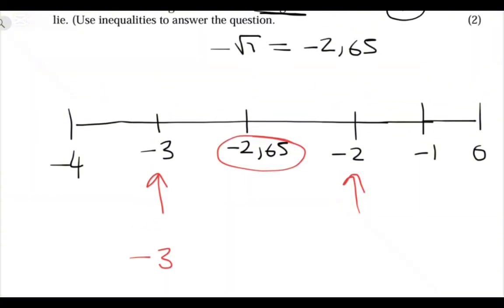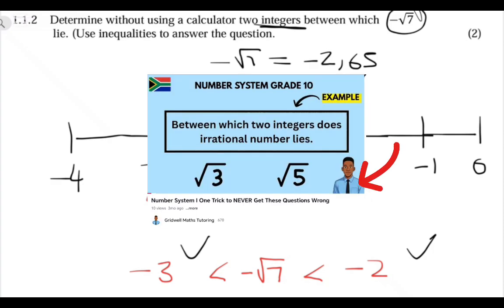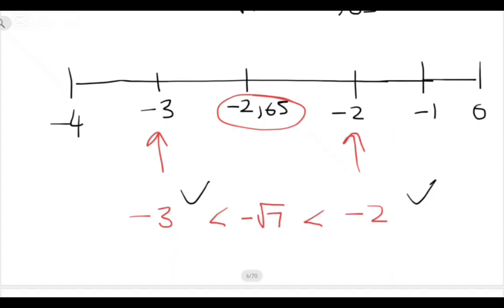When you want to represent in between, you write it like this, and then you put the root 7 here and the negative 2. This type of question is worth 2 marks. If you have not yet understood it, please check out those videos, I've demonstrated this method a lot of times. Let's just move on to the next.